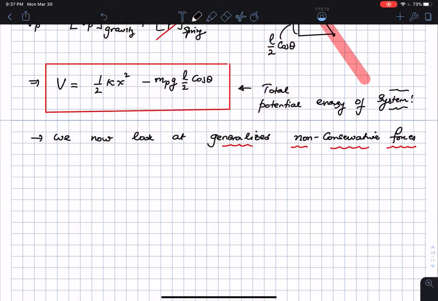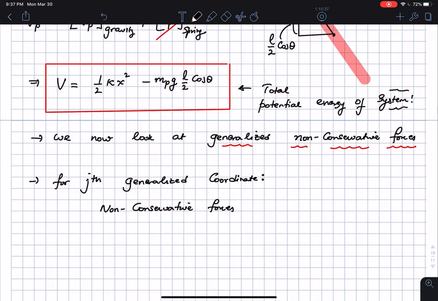So let us say that for the jth generalized coordinate, non-conservative forces can be divided into two types: forces that are velocity dependent non-conservative forces, and then velocity independent non-conservative forces.